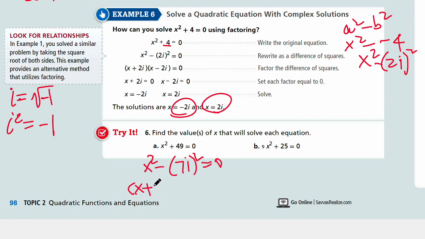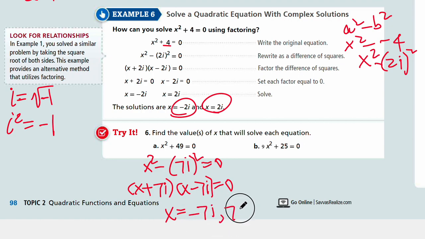So x plus 7i and x minus 7i would be your factors. And solving them, you'll be able to solve for x, which is -7i and positive 7i. So x is plus or minus 7i.